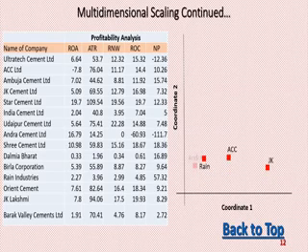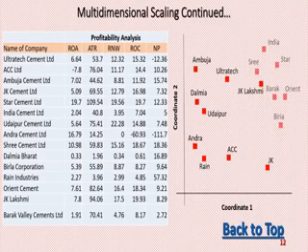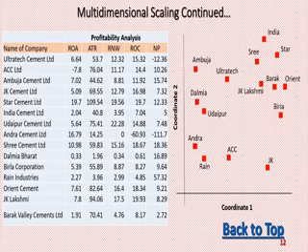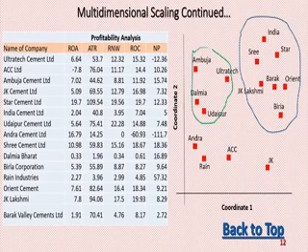So here we have JK, ACC, and others, and we are plotting them in a two-dimensional plane. Data which actually has 5 dimensions is plotted in a two-dimensional space. Based on this we can classify them. We can understand that these are companies which are quite similar because they are nearer to each other in terms of distance. This is another group which is nearer to each other, and this is another, and JK is quite differently positioned.